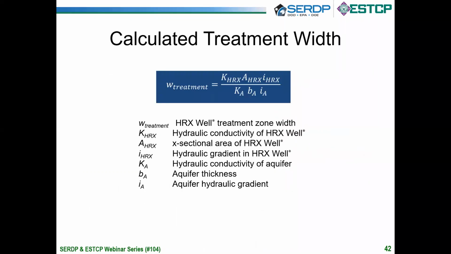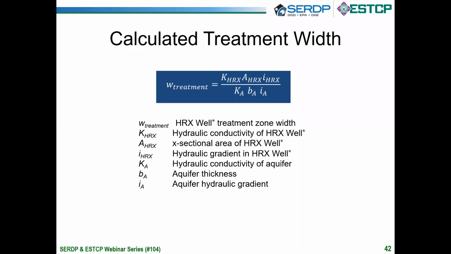So this equation is a simplified approximation of what the treatment width for an individual HRX well would be, and really it's a manipulation of Darcy's law. The numerator describes the flow in the HRX well. K HRX is the hydraulic conductivity of the media within the HRX well, A HRX is the cross-sectional area of the HRX well, and I HRX is the hydraulic gradient within the HRX.